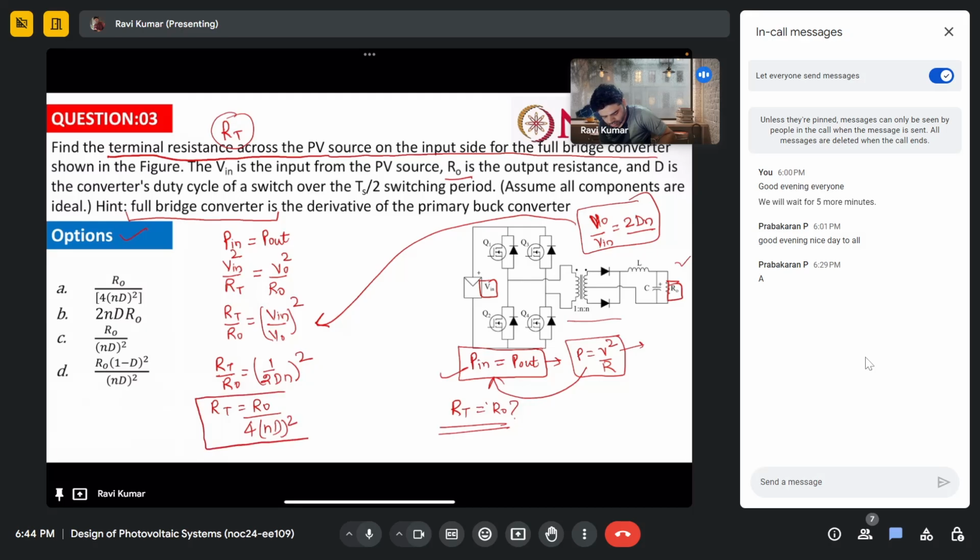So which option? A, B, C or D? A. So A is the option here.